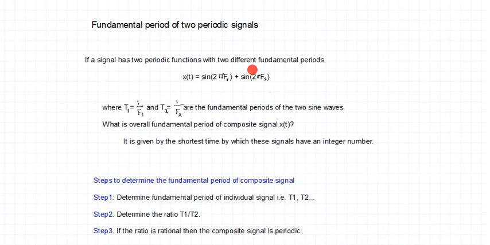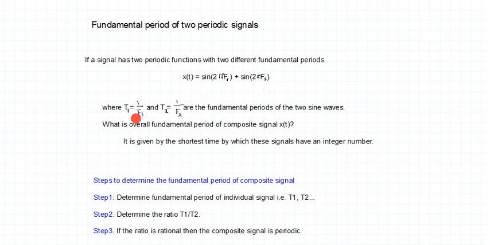So what if I have these signals, then what is the overall fundamental period of the signal? Because I have two different fundamental frequencies, I have two different fundamental periods. So the question which arises is, what is the overall fundamental period of the given xt? Is it governed by f1, by f2, or by both f1 and f2? That is what we'll find out.